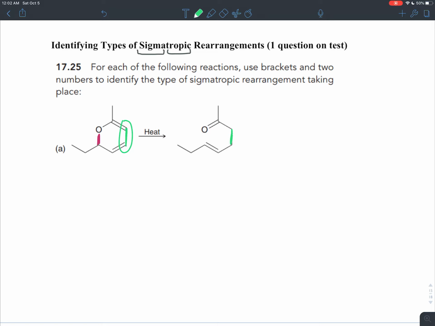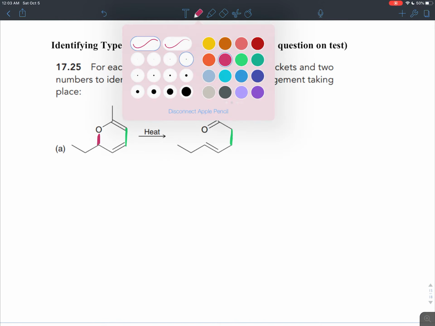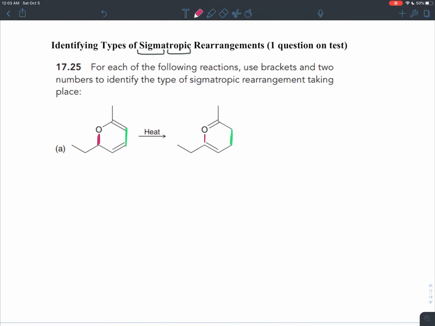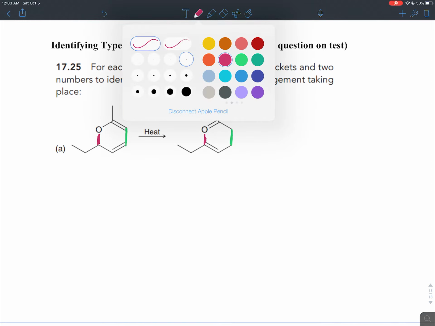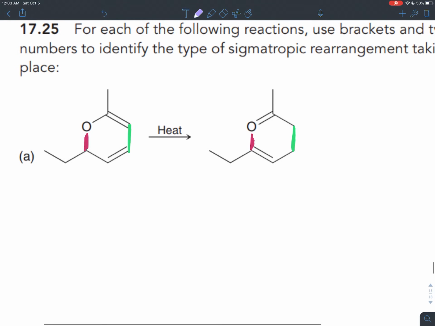Now, it doesn't matter which of these structures you draw those in on. I'll do it on the right side just to show. This question is asking you just to classify the reaction. To classify the reaction, you count how many atoms there are between the bond you are breaking and the bond you're forming, and you do that on both sides of the bond.